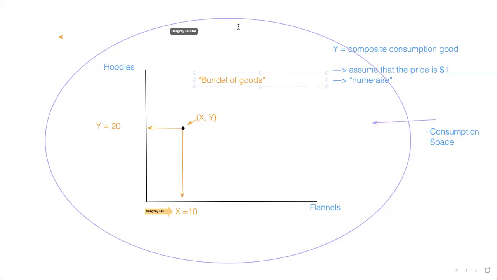So now I'll go ahead and draw a new graph, just to show you the other way and make this a little bit more general. A lot of times we'll just label this X1 and we'll label this one X2.